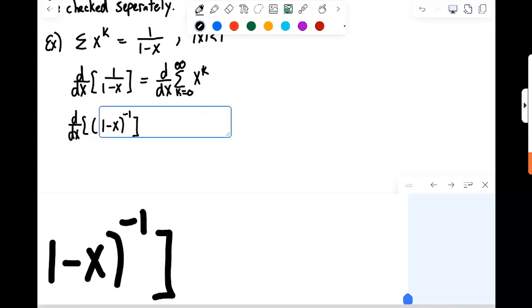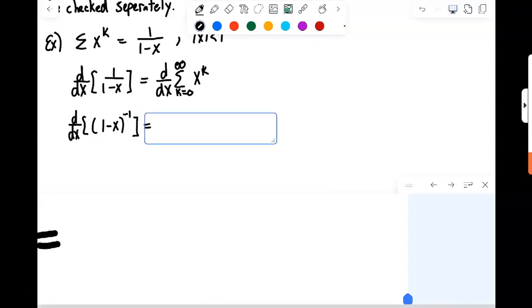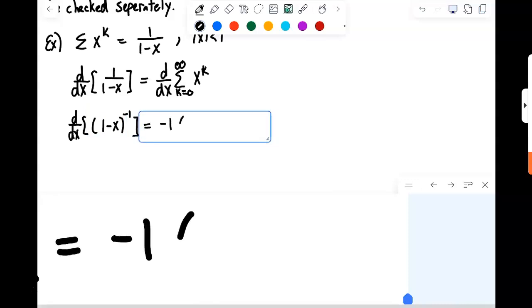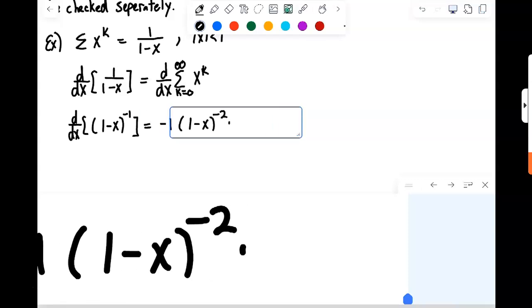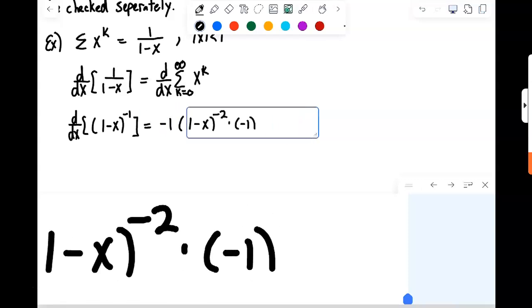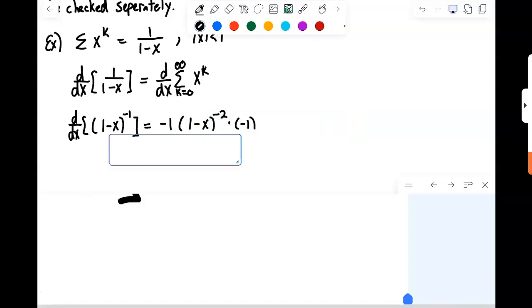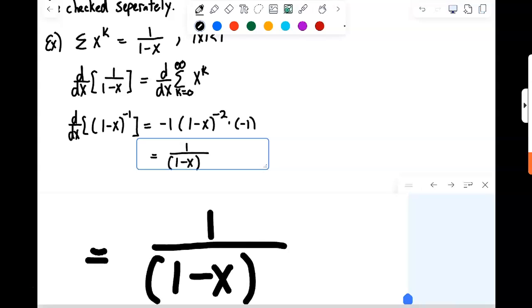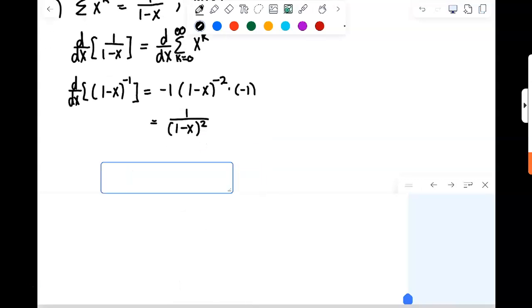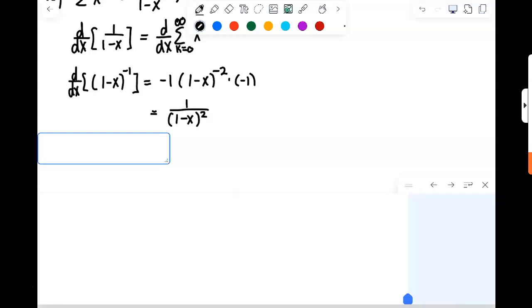So multiply by the exponent, minus 1, drop the exponent by 1 to minus 2, times the derivative of the inside. In the end, we get that the derivative of this is 1 over 1 minus x raised to the second power.